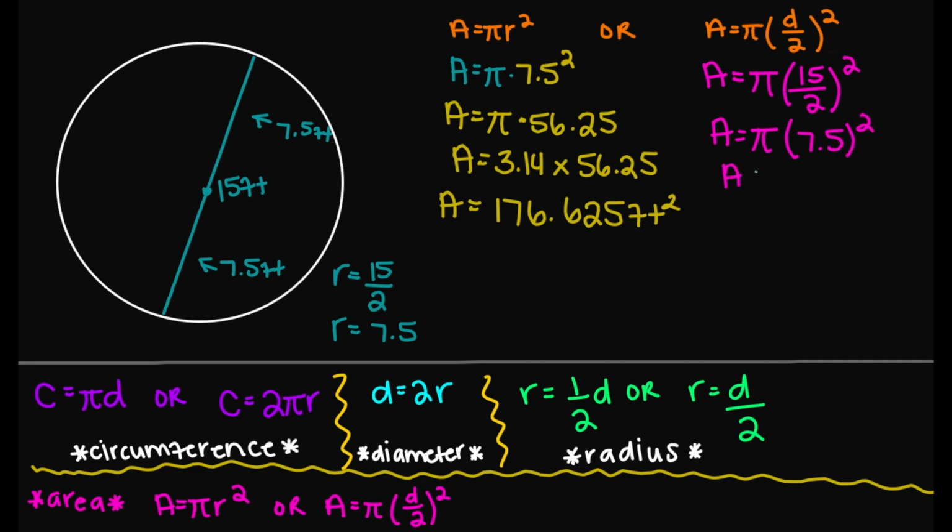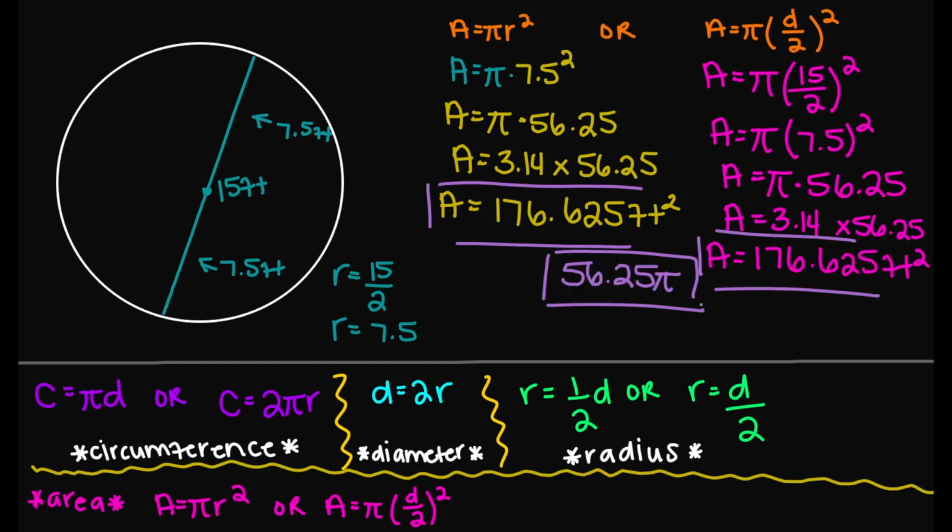So A equals pi times 7.5 squared, which is 56.25. With your estimation for pi, approximately 3.14, times 56.25, your area is going to be 176.625 square feet as well. These are your answers here.